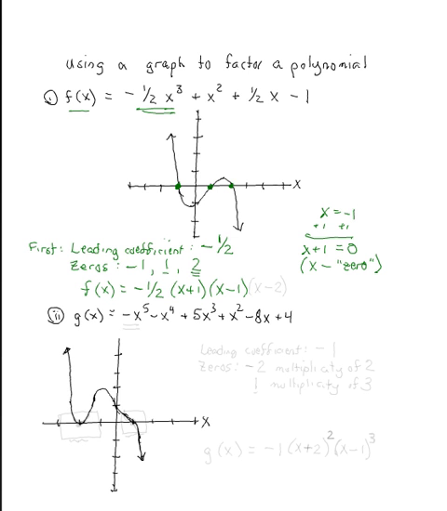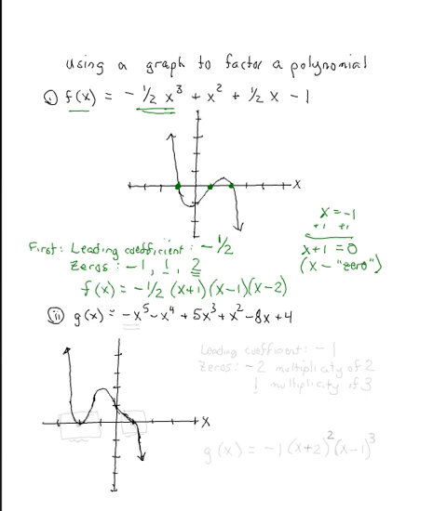And finally, from our third 0, 2, I know I'm going to get the factor x minus 2. And so we have a completely factored form for f of x. That worked nicely.